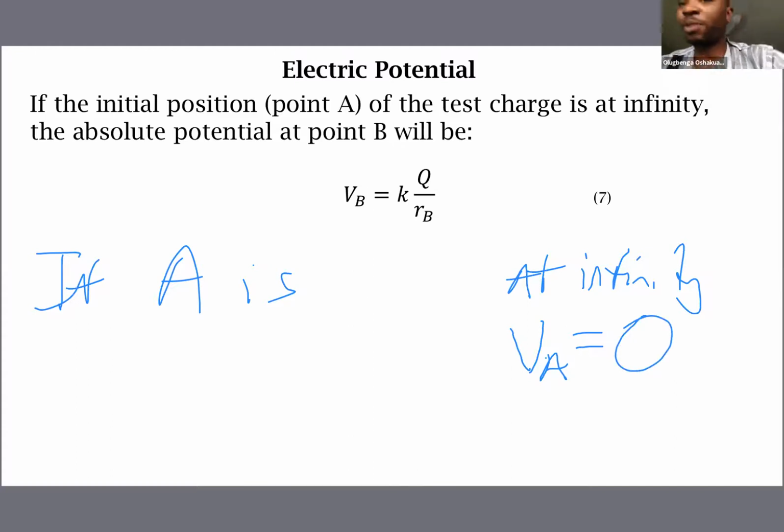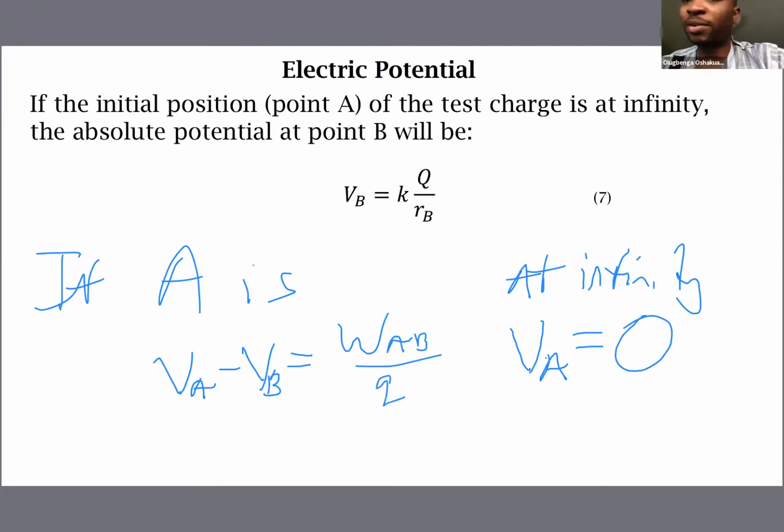And from our previous expression where we spoke about VA minus VB being equal to WAB over Q, when VA is 0, our VB will be left with WAB over Q.